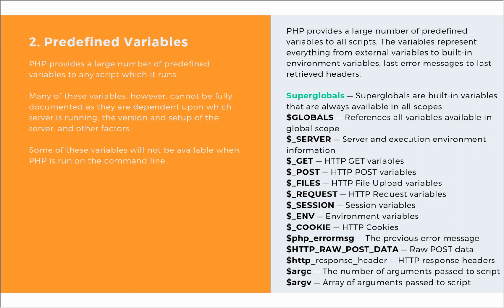These situations can vary from server to server, or with the environment in which they are running. PHP provides a large number of predefined variables to all scripts. The variables represent everything from external variables to built-in environment variables, last error messages to last retrieved headers.